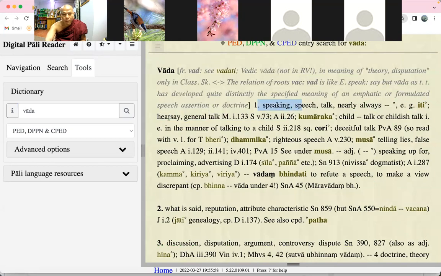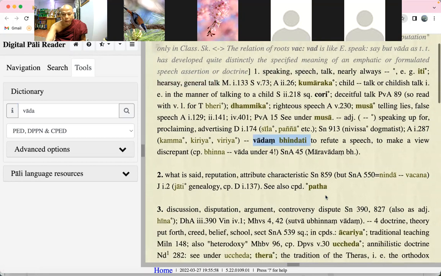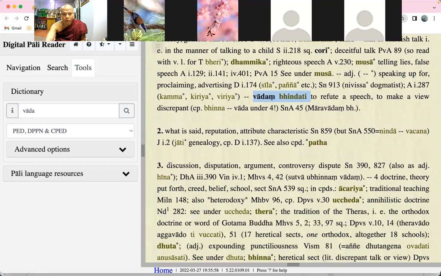Wada, hear, say, or generate talk. So Wadan being the D. So Musa Wadan, okay, not that one. So what is the attribute, characteristic, or discussion, the disputation? So argument, controversy, dispute. Yeah, that sense.